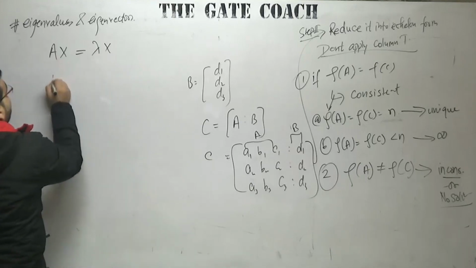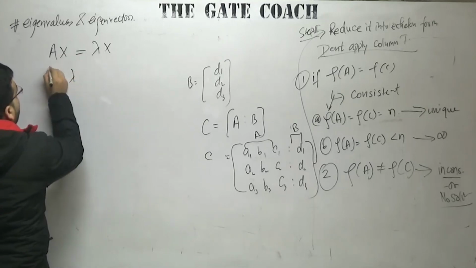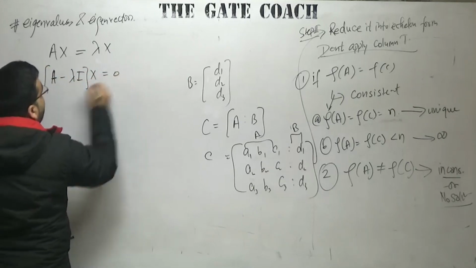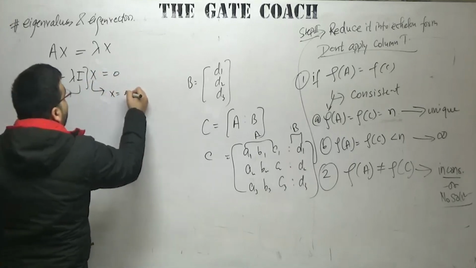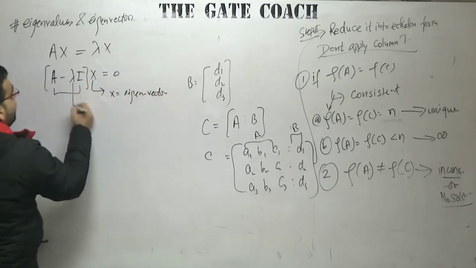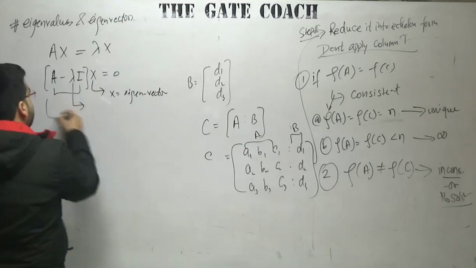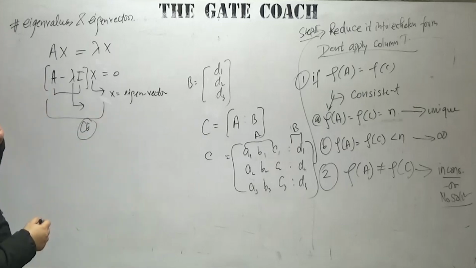You take X common, it will be (A minus lambda I) into X is equal to 0, where this X is called the eigenvector, and lambda is called the characteristic value or the eigenvalue, and this whole equation is called the characteristic equation of this particular matrix.